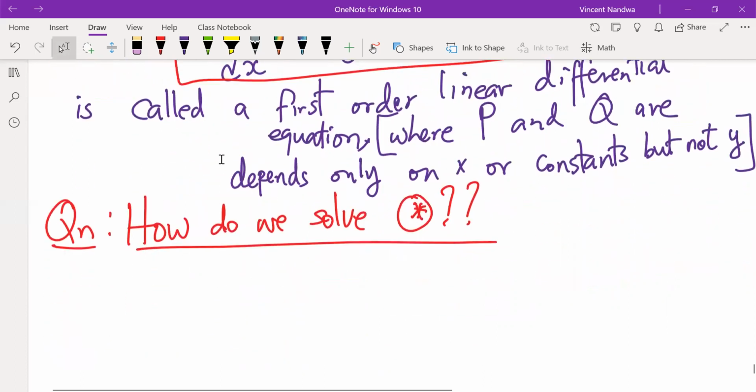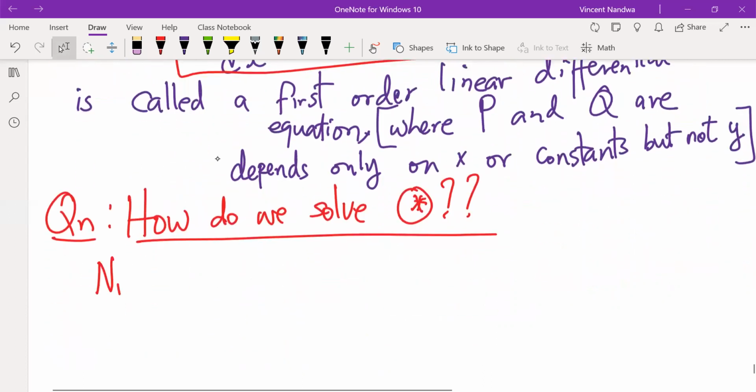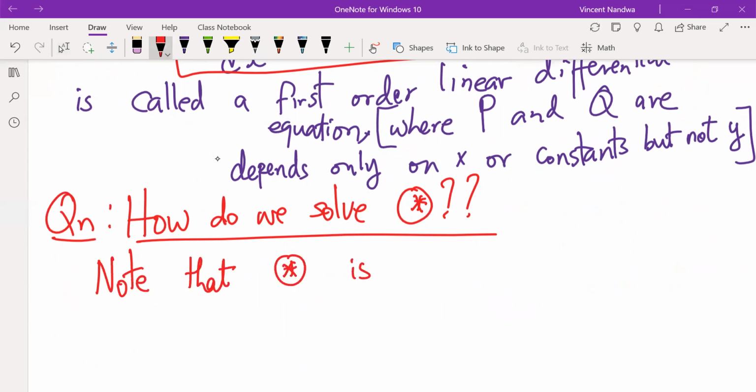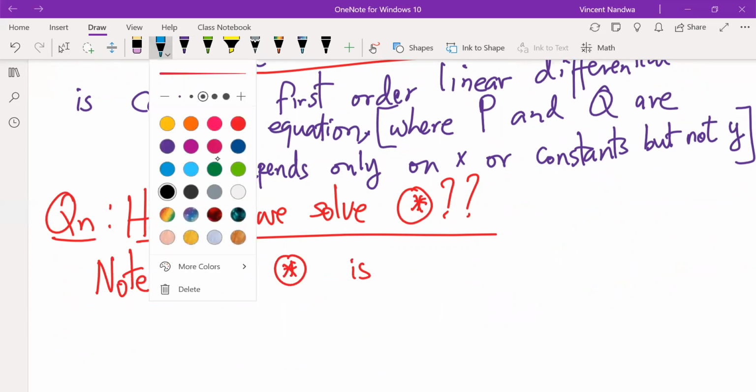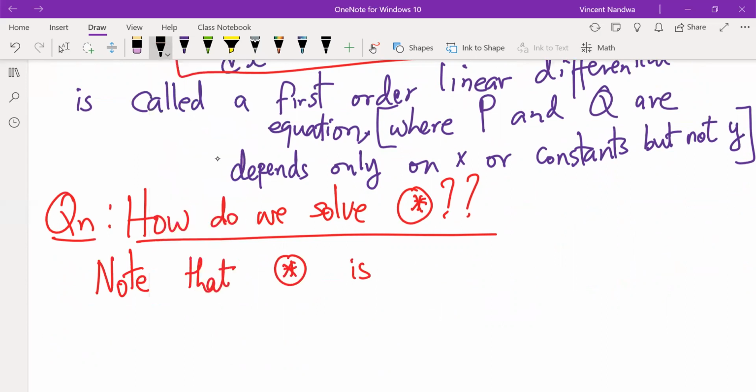Now note that star is a non-homogeneous equation.